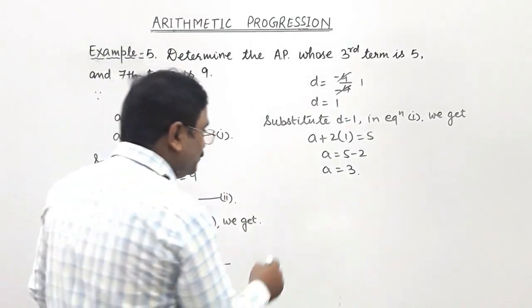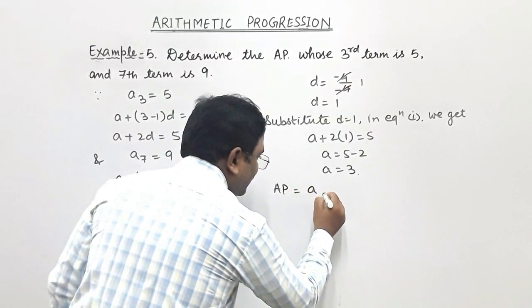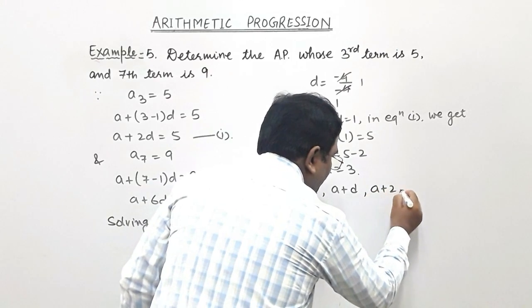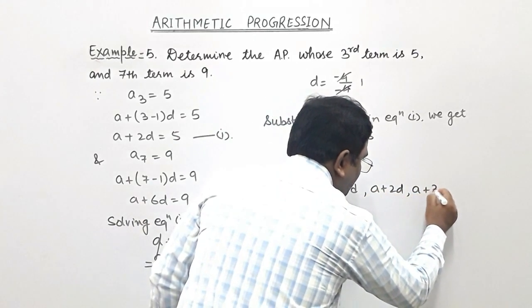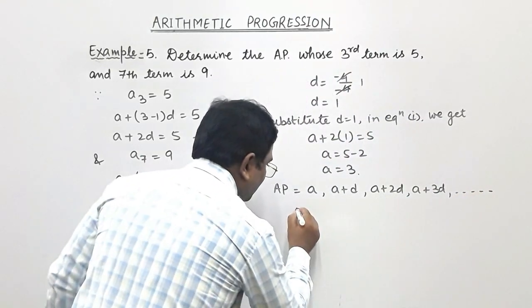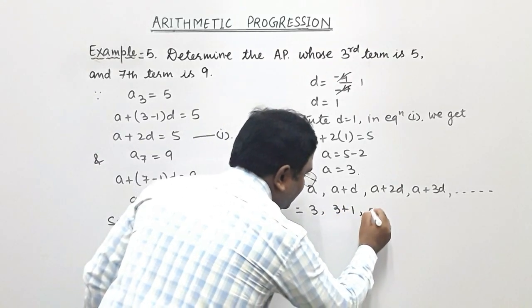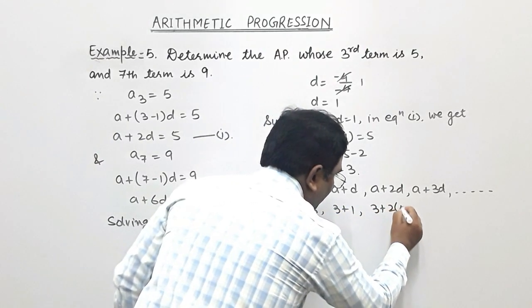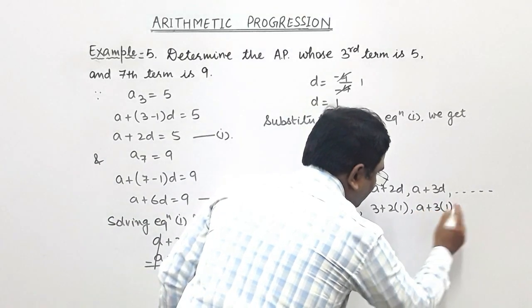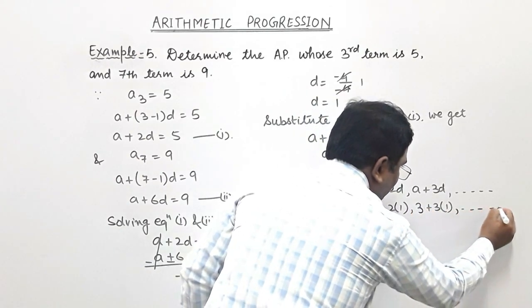Now, as you know that our AP is a, a plus d, a plus 2d, a plus 3d, etc. So our series becomes 3, 3 plus 1, 3 plus 2 into 1, 3 plus 3 into 1, etc. Right?